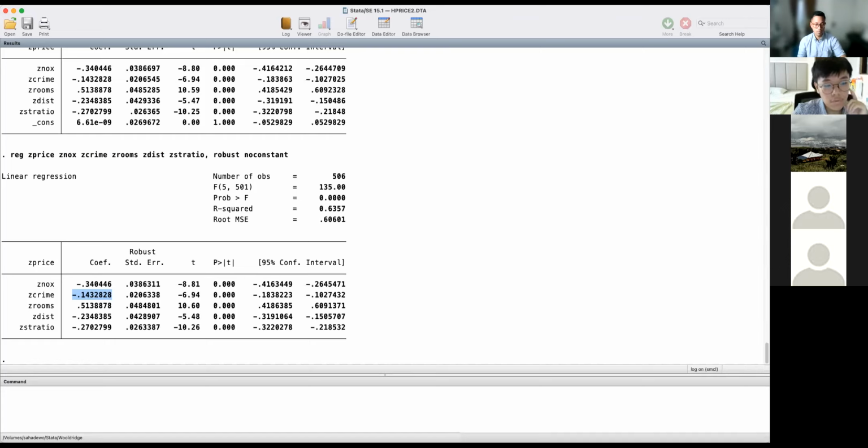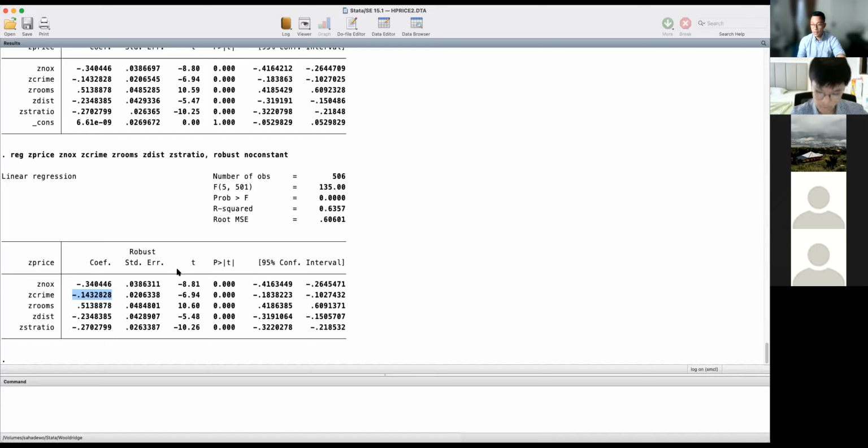From that coefficient, if the crime increases by 1 standard deviation, the house price would decrease by 0.14 standard deviation. Yes, exactly. For every standard deviation increase in the crime rate in the area, house prices decrease by 0.14 standard deviation, ceteris paribus, all else held constant.